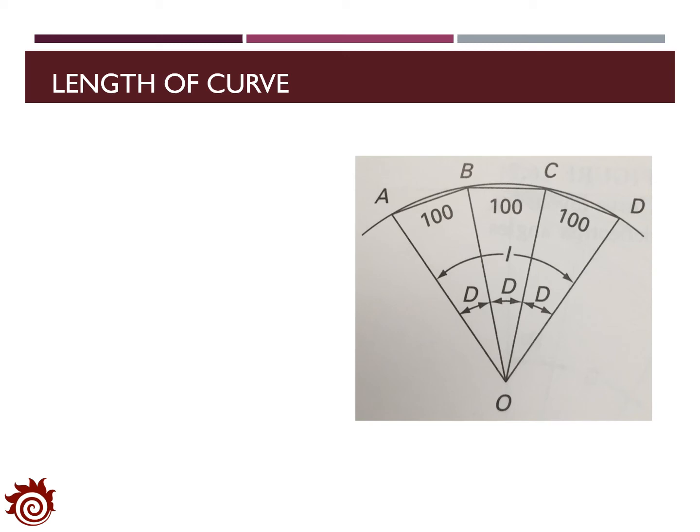The first method relies on the radius of the curve R and the intersection angle I of that curve, which means we are given R and I. With that, we can find out the length of the curve, say LAD, as I over 360 degrees times 2 pi R. Here, 2 pi R is the length of the circumference of the circle. So that's the first method.